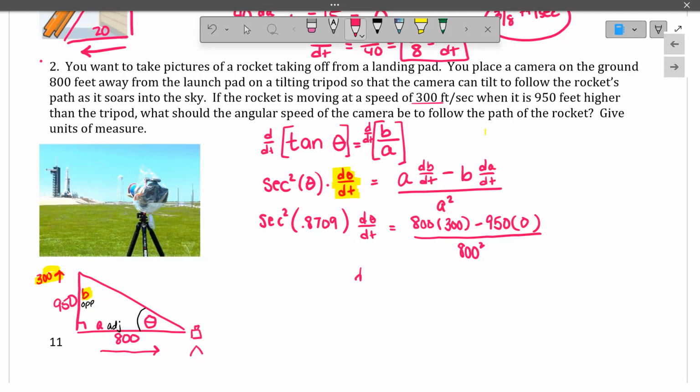Okay, so then d theta dt is just going to be 800 times 300 divided by 800 squared, and then I need to divide by secant squared of 0.8709.